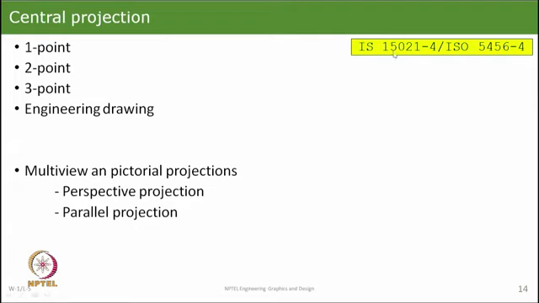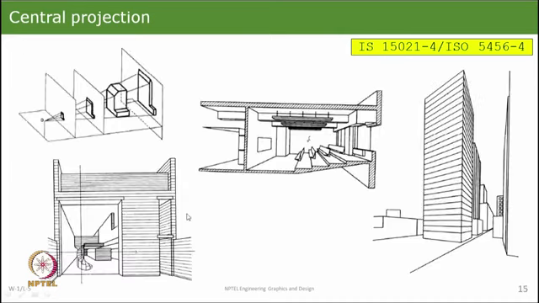All of the details are given in IS 15021-4, which is ISO 5456-4. So, we are reiterating again and again that whatever you learn in an engineering drawing course, you must know that it is coming from a certain standard. So, we get what we call perspective projection and parallel projection, and here are some examples of that.